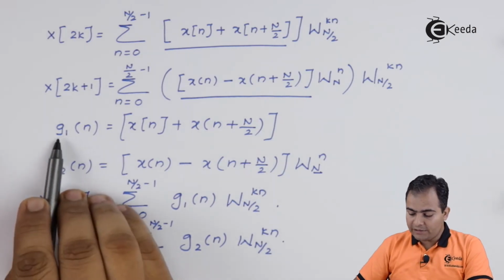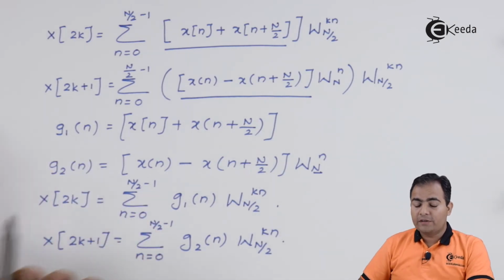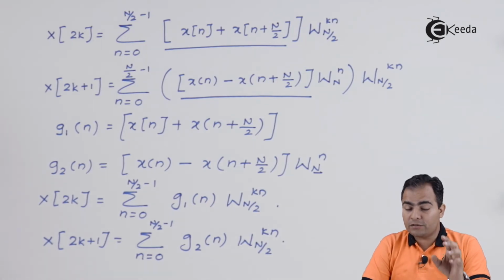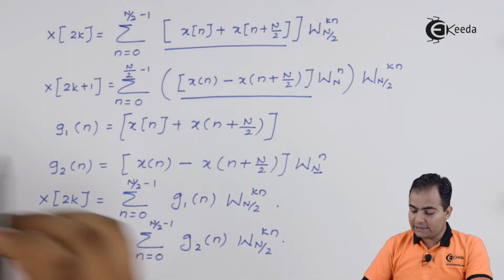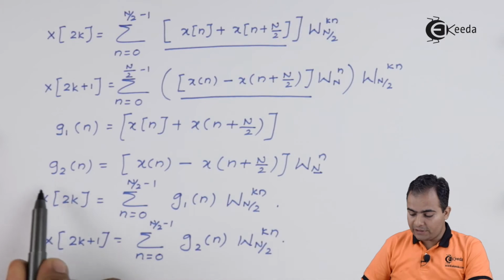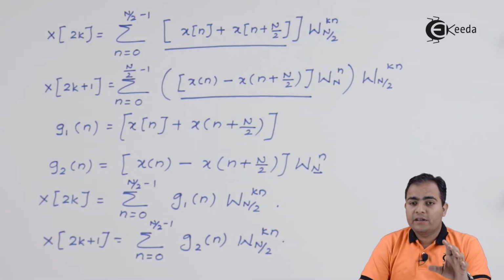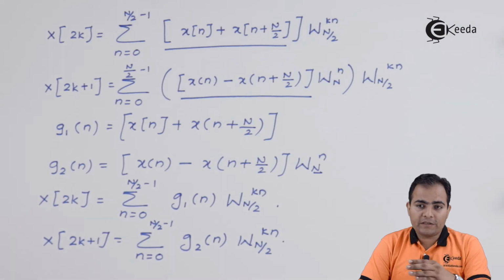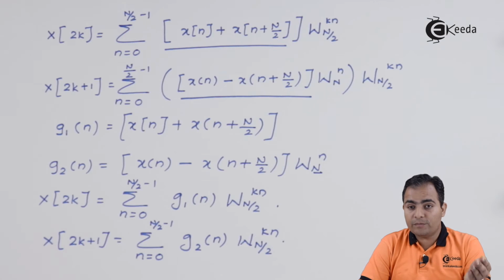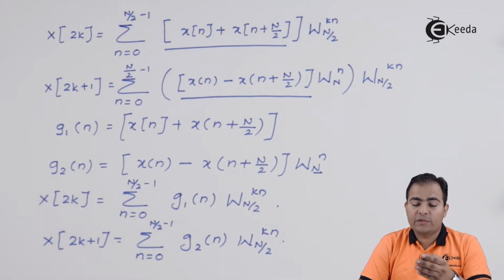So to calculate g1 of n and g2 of n, we are not going to substitute my n values from 0 to 7. As I said, this calculation is for even and this calculation is for odd. And in 8-point DFT, our samples are divided into 4 parts, which means our counting of the sample value will also start from 0 but go up to 3, because we are going to solve only 4 samples.